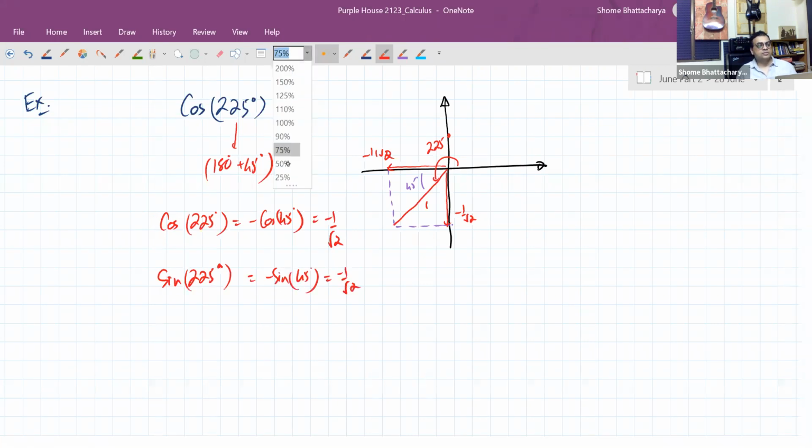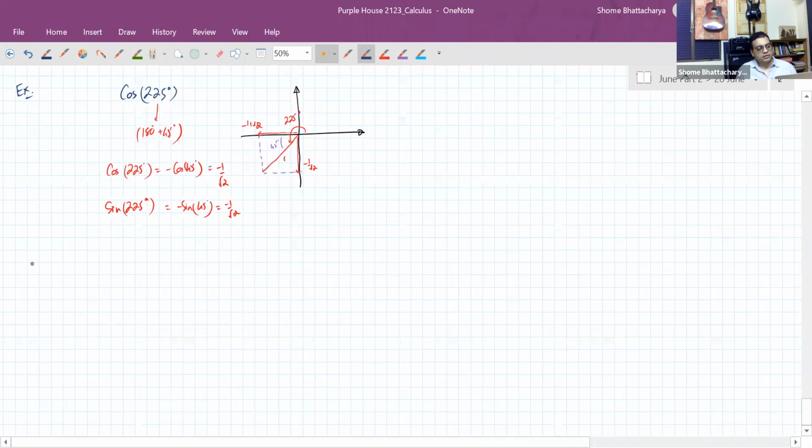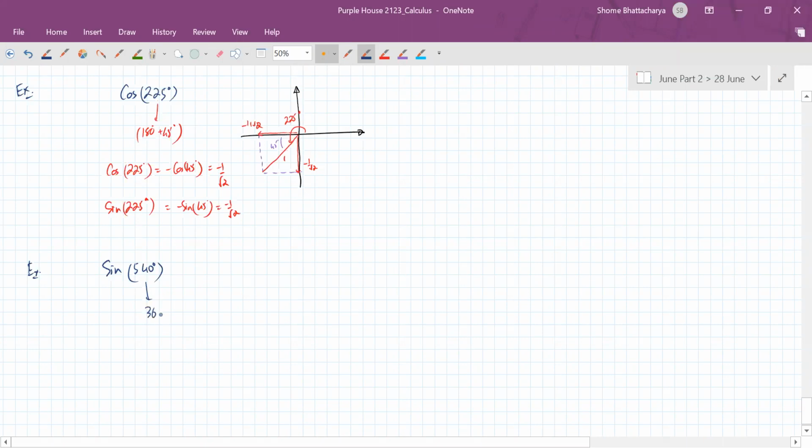Now, if I ask you something a little trickier, like what is sine of, let's say, 560 degrees? You might say, why take something so complicated? But suppose we have something like this, or 540 degrees, let's say. In the 540 case, which quadrant is it?